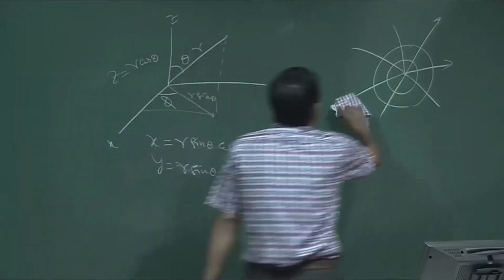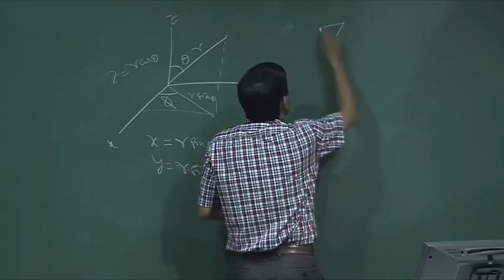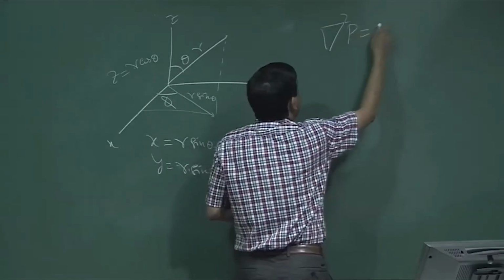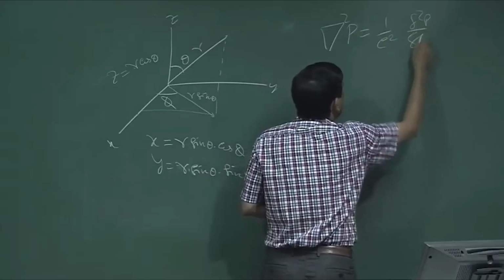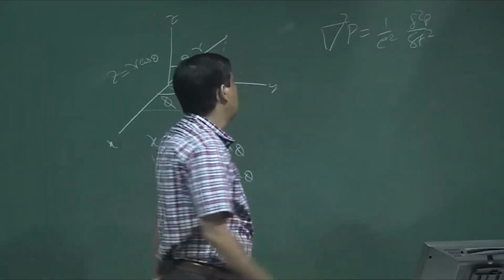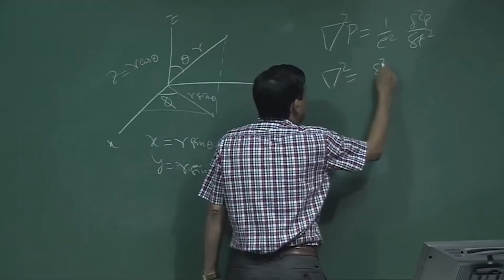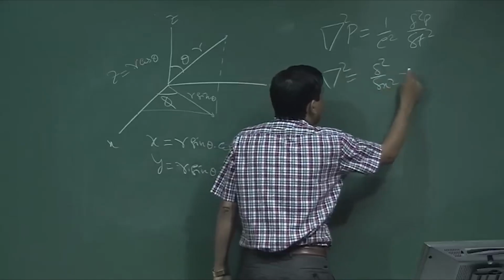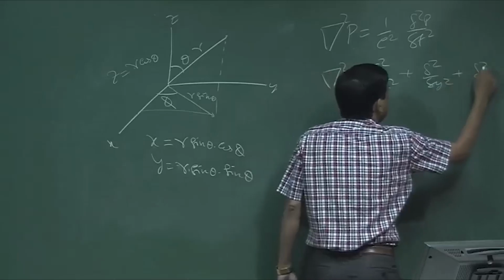So, do we know the wave equation? The wave equation is the Laplacian of p equal to 1 by c square del square p by del t square. This is the linear wave equation. The Laplacian is del square by del x square plus del square by del y square plus del square by del z square.